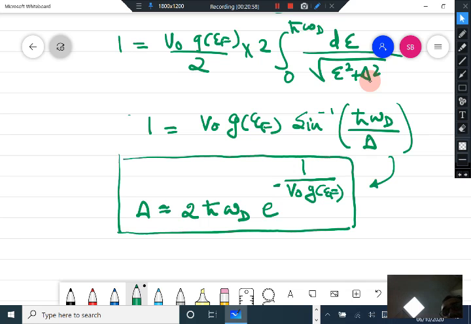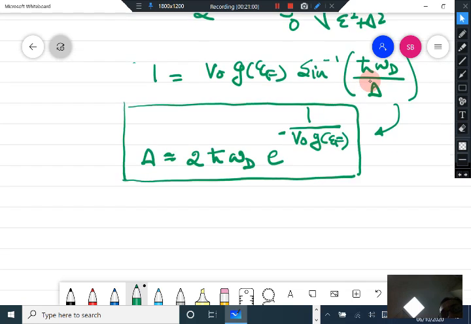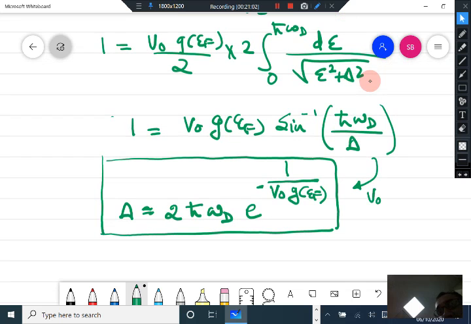From this expression you can come here, and this is for the case that V naught into g of EF is much less than 1, very small. Then you can simplify this and bring it to this form.